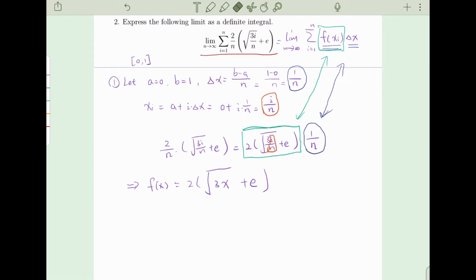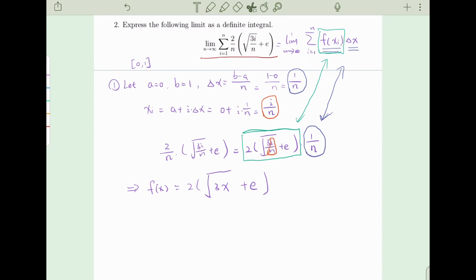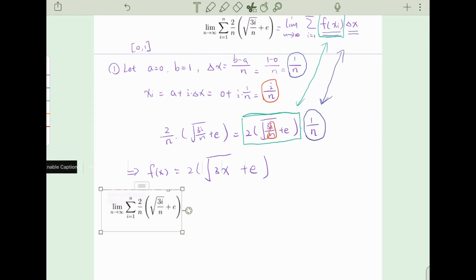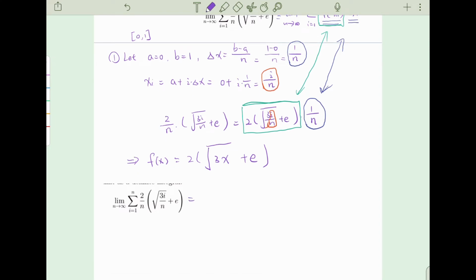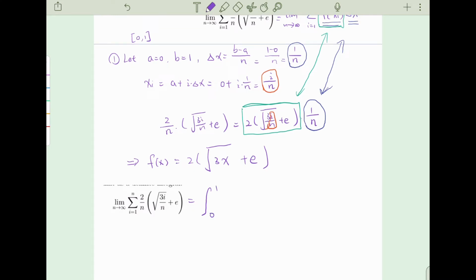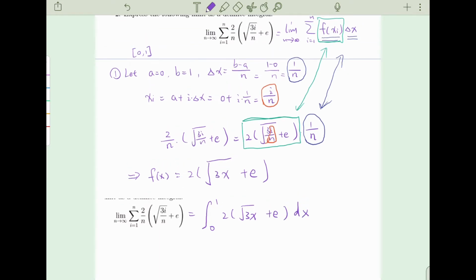Now we know everything, so I'm able to write this expression as the definite integral from a to b, right, as above, and then my function f of x, which is found just now, 3x plus e dx. Okay, so that is how we figure this out.